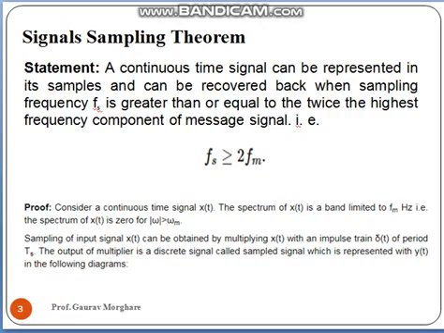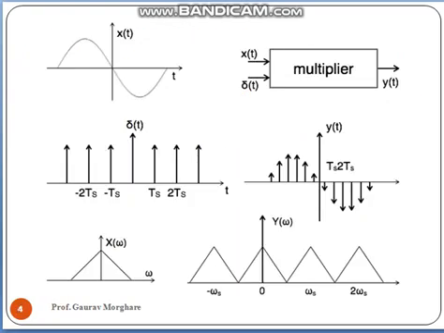So I'm going to show you the figure. In the figure, as you see, a signal x(t), a sinusoidal signal, we will consider to have the maximum frequency of omega m.